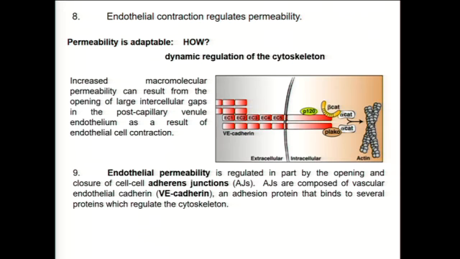So what am I talking about? You have a structure. This is the intracellular portion of the endothelial cell right there. That's extracellular. And there is a protein that traverses the membrane, kind of reminiscent of a receptor. And this is called VE cadherin.